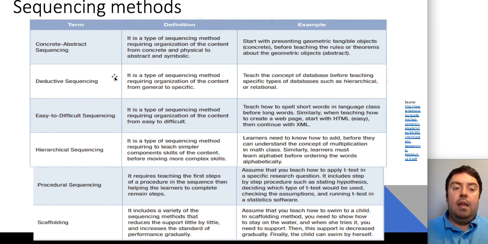Another thing is to provide sequencing methods. So you might teach them how to form conclusions by providing different examples of sequencing. So explaining how to go from the concrete, from a specific example, to the abstract, the general principle.